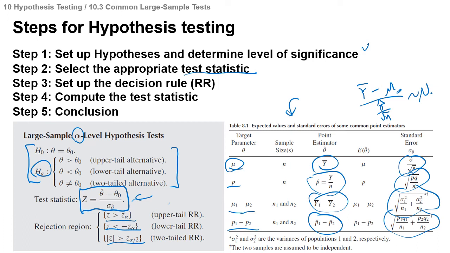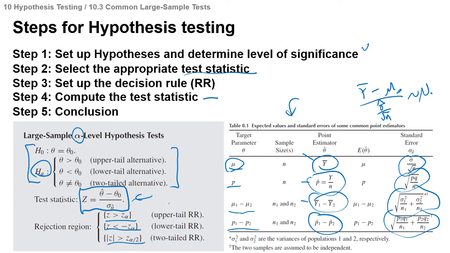And the first step is to compute the test statistic. So the first step is computing values. So you decide the test statistic and rejection region. Then in step 4, you calculate the exact value of that. And step 5 is concluding your decision, like rejecting the null hypothesis or not rejecting the null hypothesis.